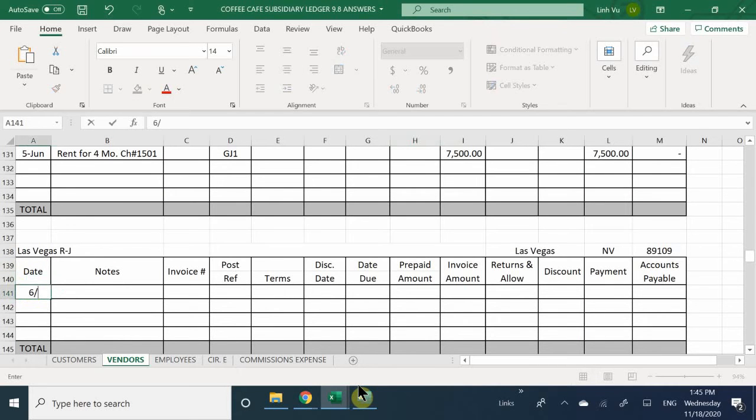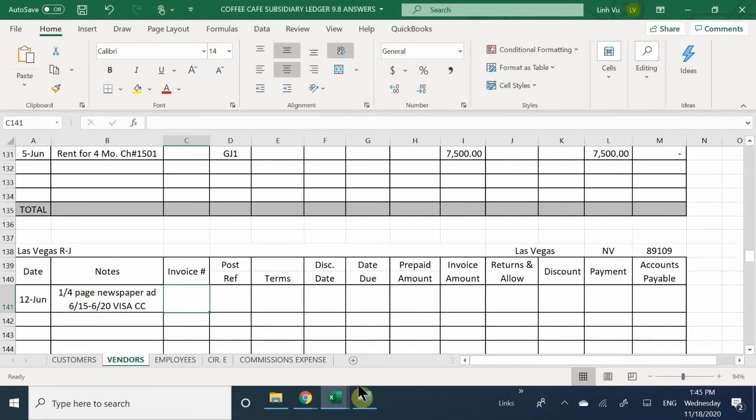So again, date is June 12th. Same thing here. You could place all the information saying it's a 1/4 page newspaper ad. And you can also say it's going to run from June 15 to June 20th, and you paid with a Visa credit card. Now that I have this piece of information in here, of course, I'm not going to have a receipt or invoice number.